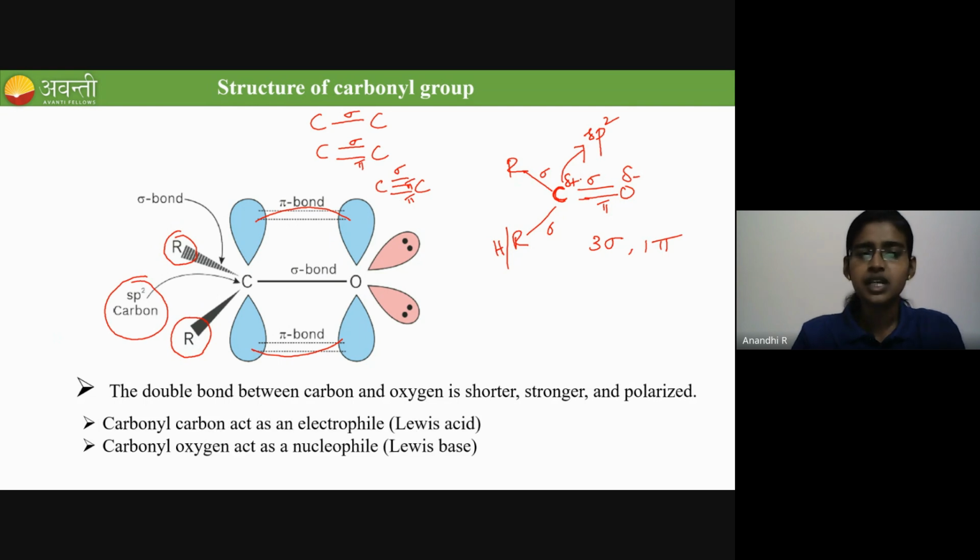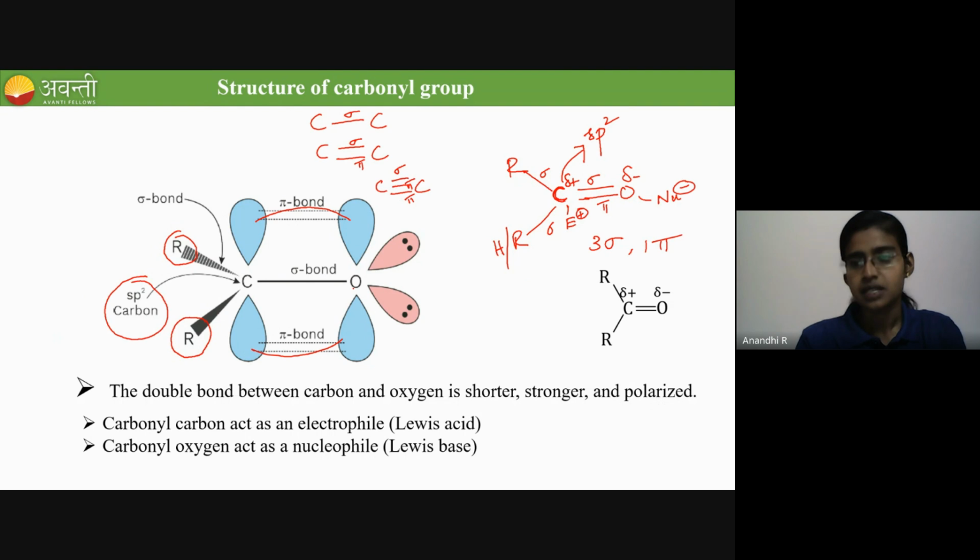The carbonyl carbon acts as an electrophile, which is a Lewis acid, and the carbonyl oxygen acts as a nucleophile. Got it? Electrophiles are basically Lewis acids. Electrophiles are positively charged species, and this carbon is the electrophilic center, and the oxygen is the nucleophilic center, which is negatively charged. So this oxygen is nucleophilic in nature.